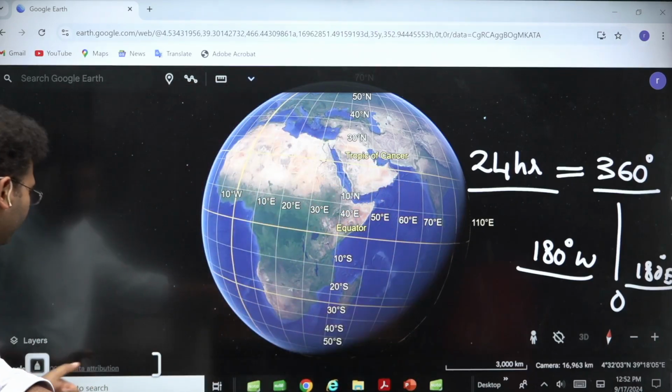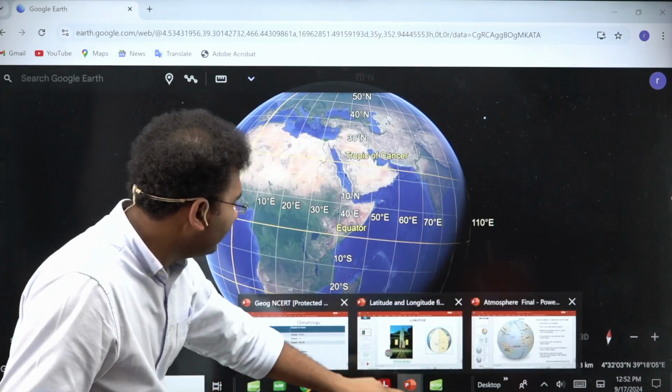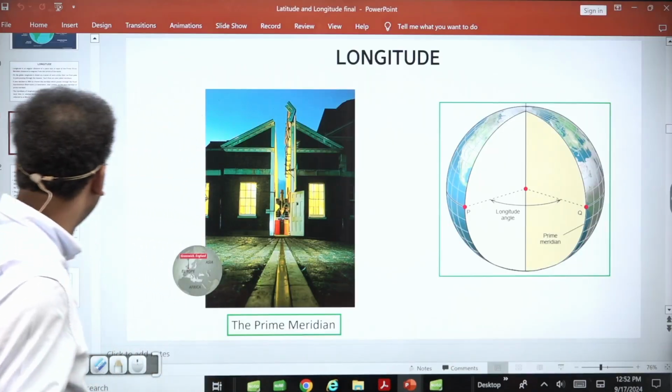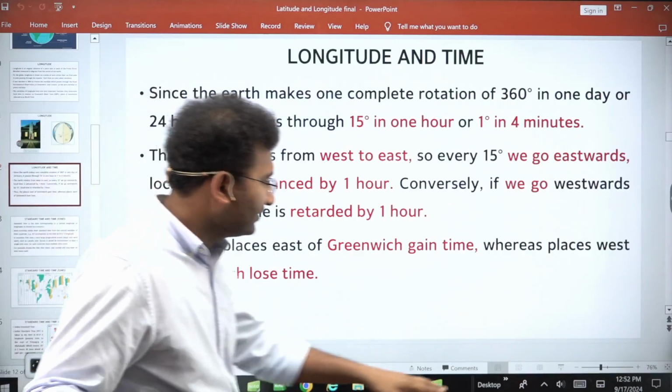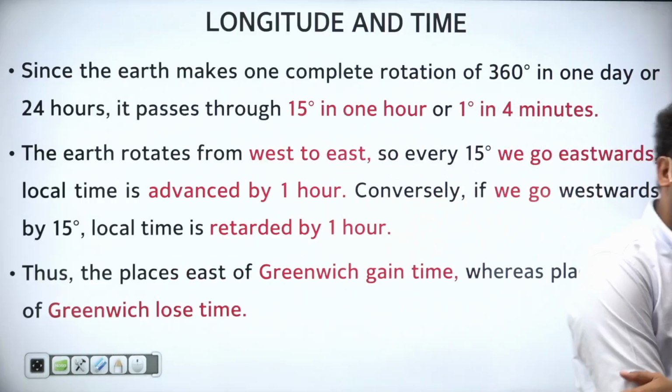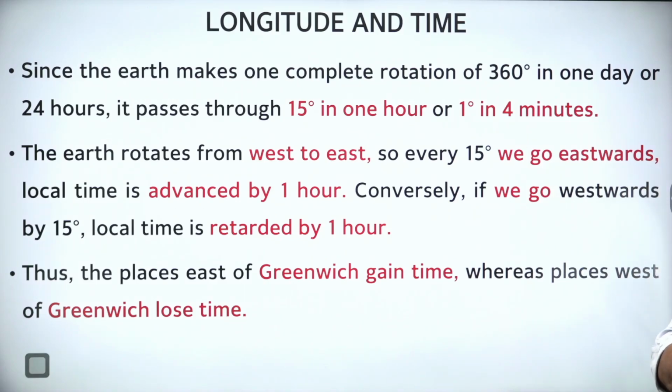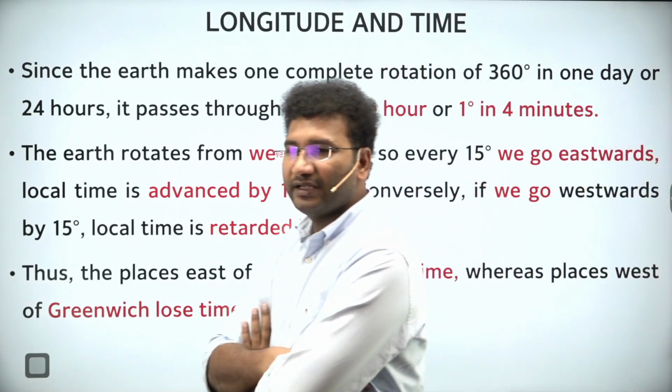So first let me quickly give a reading on the relationship between longitude and time. Since the Earth makes one complete rotation of 360 degrees in one day or 24 hours, it passes through 15 degrees in 1 hour. The earth rotates from west to east, so every 15 degrees we go eastwards.